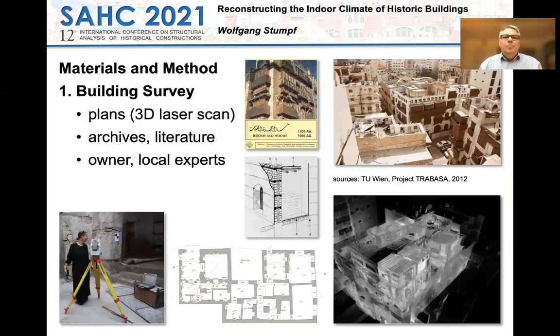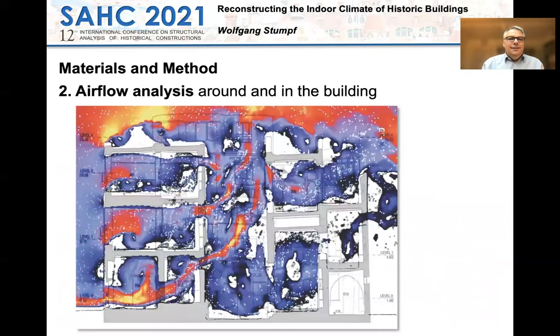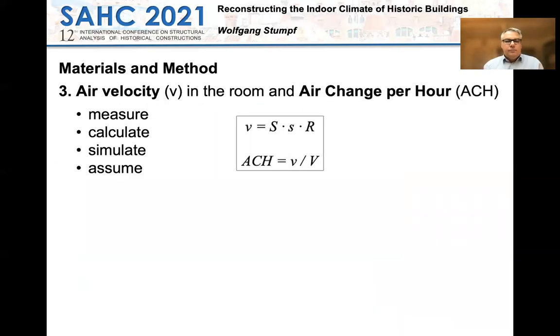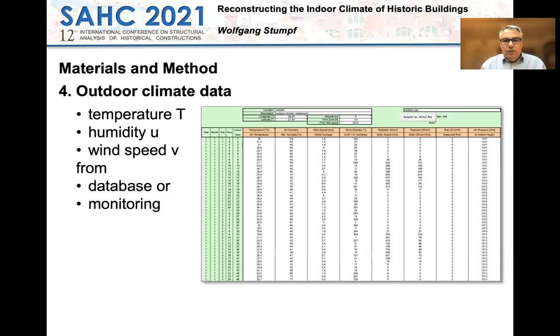The first step is that we need a building survey, a regular building survey. The second, we do an airflow analysis of the airstream through the building. So we can calculate and measure or also simulate or assume the air change per hour. How often is the air volume in a room exchanged per hour?